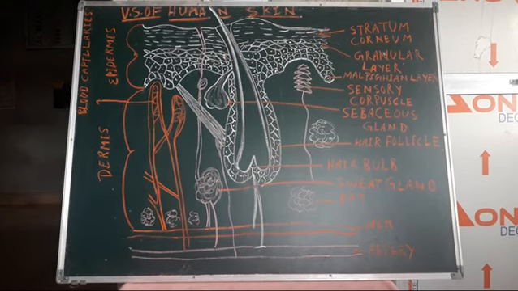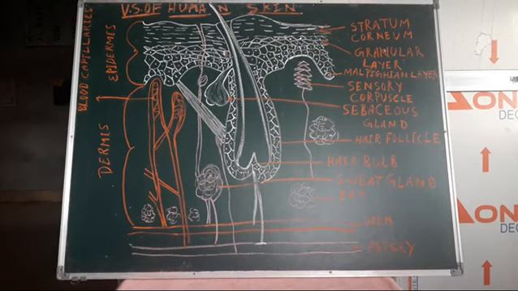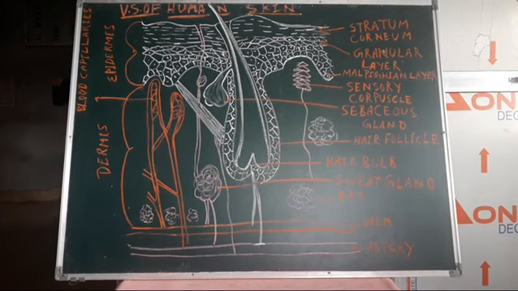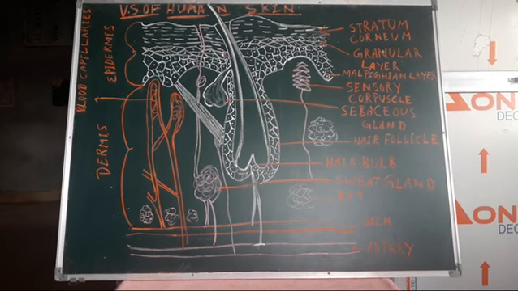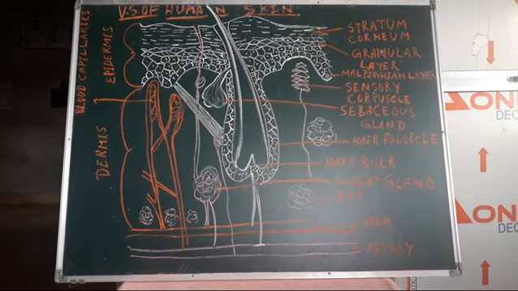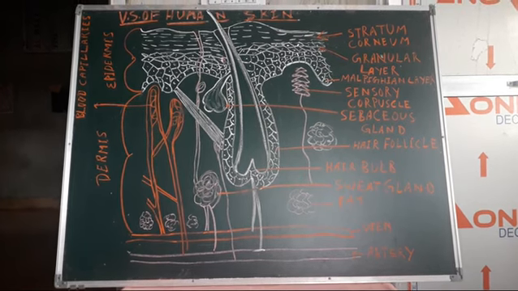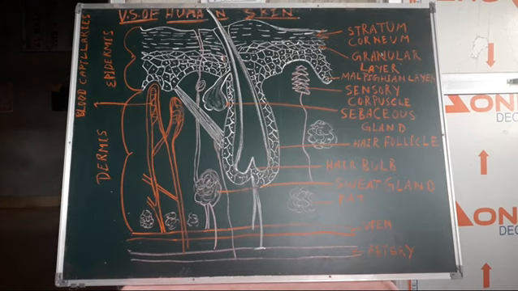Next, storage of food. Skin stores reserve food in the form of fat under the skin. Excretion. The skin assists in the process of excretion by throwing out sweat and some amount of urea.